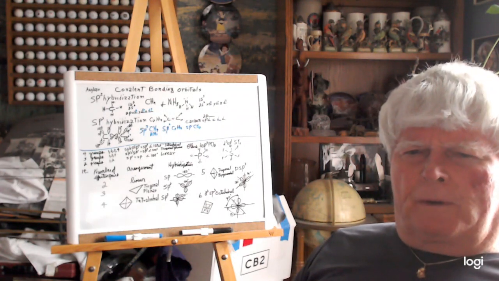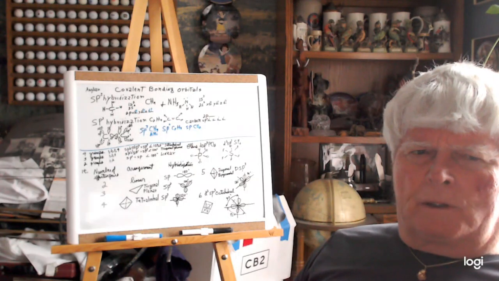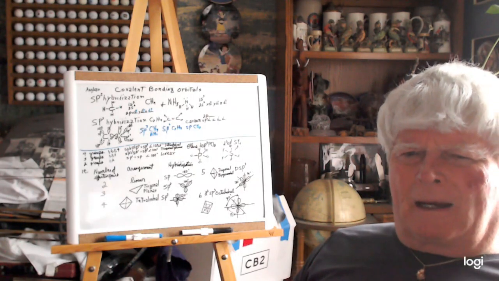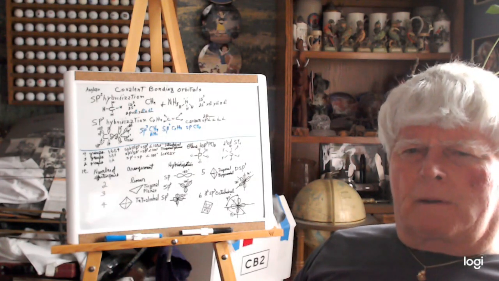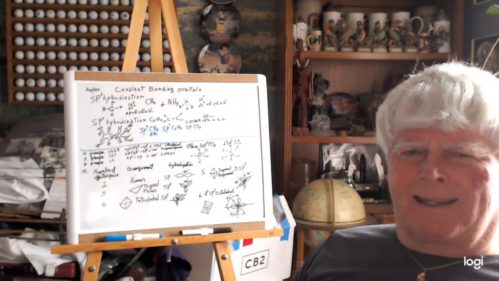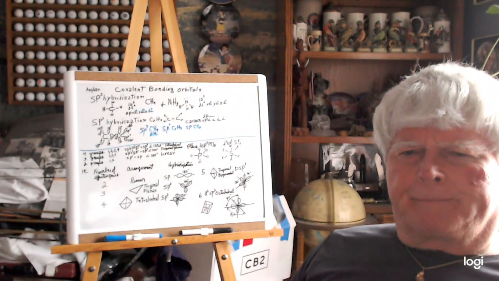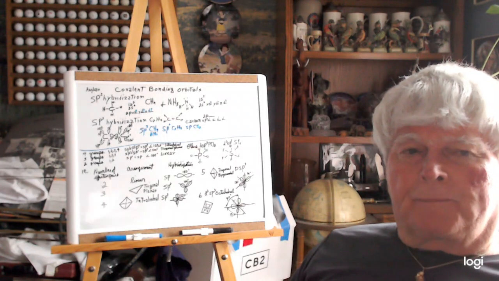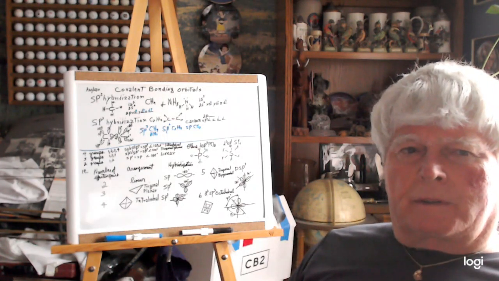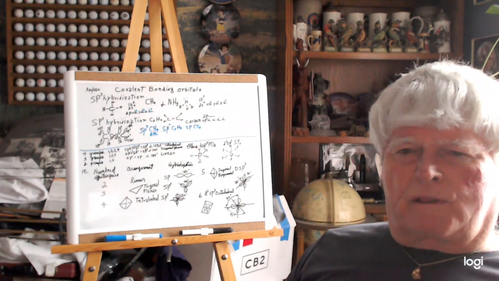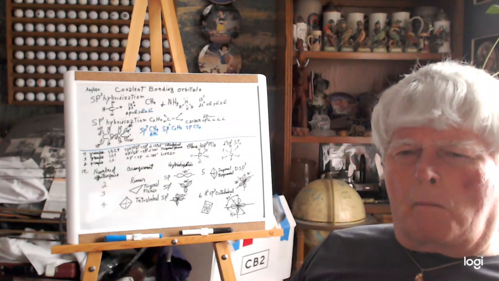Now, if you notice the repetition, I've used the same compounds over and over again because I want to get at least a great in-depth study of a few compounds. The first we'll start out with is the sp3 hybridization.